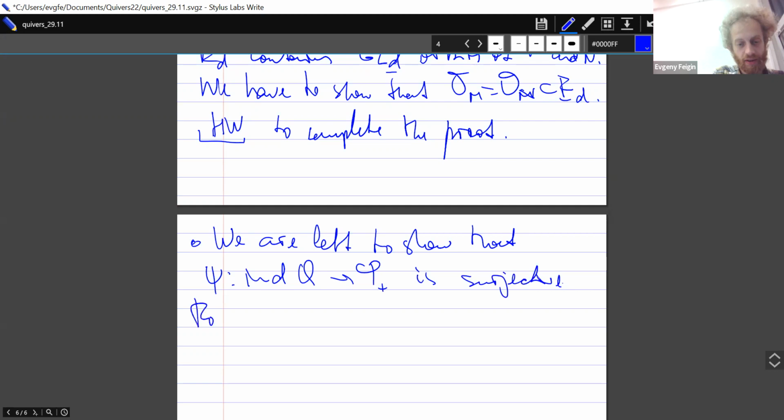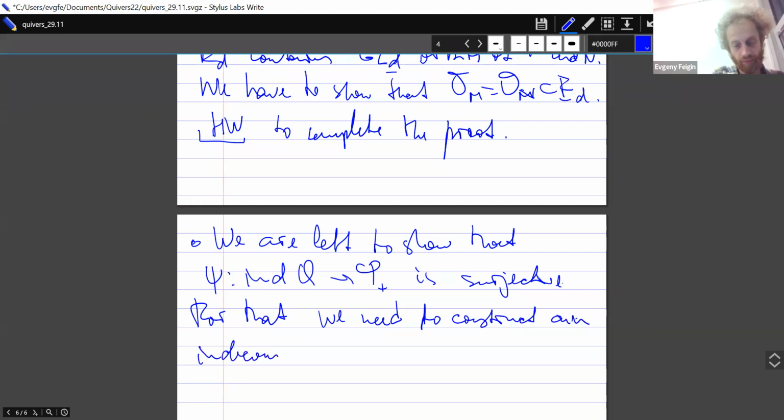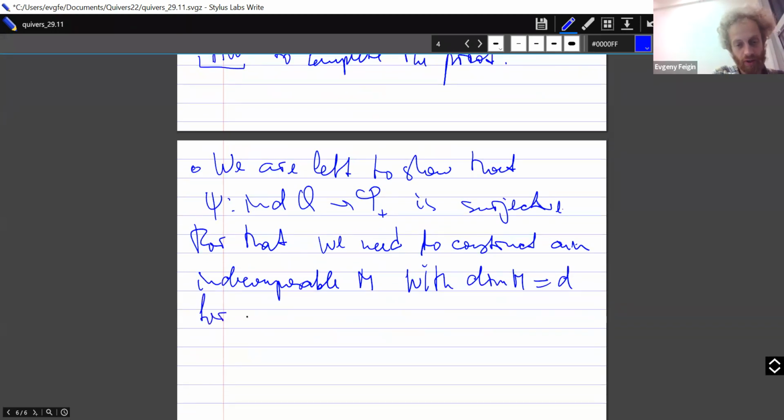So for that, we need to construct an indecomposable M with dimension of M being D for any root D from the set of positive roots.